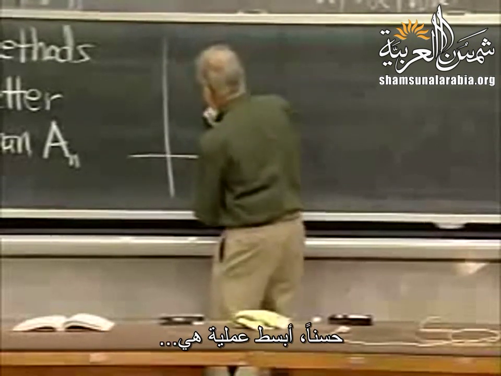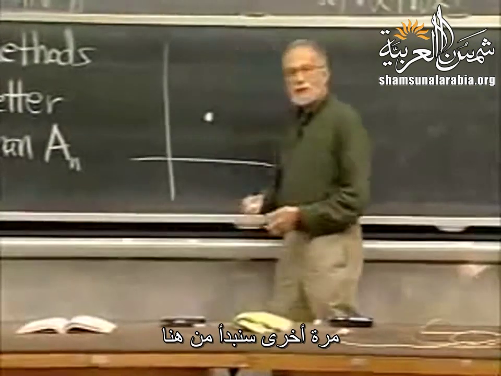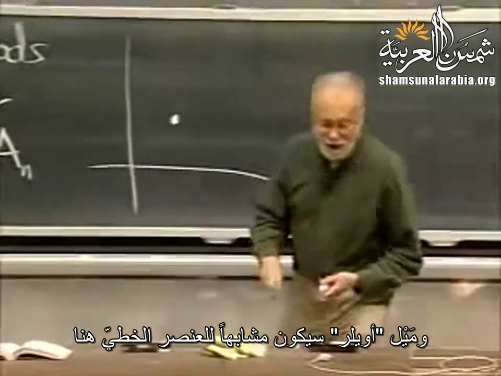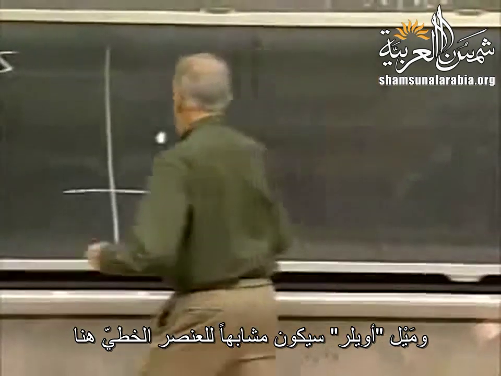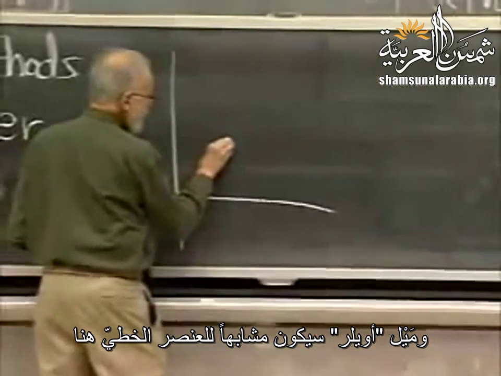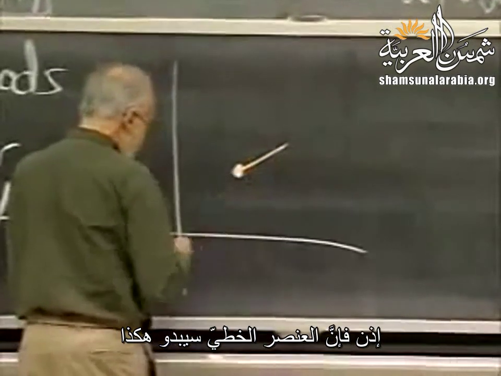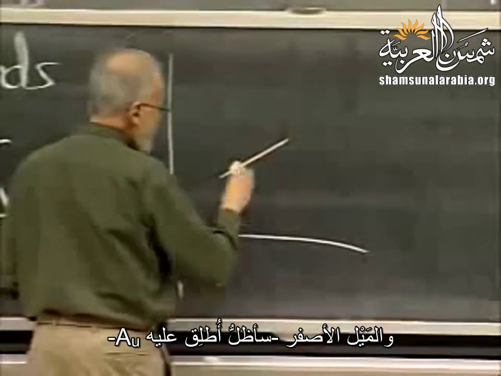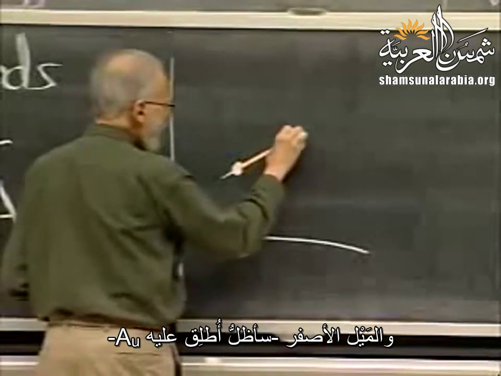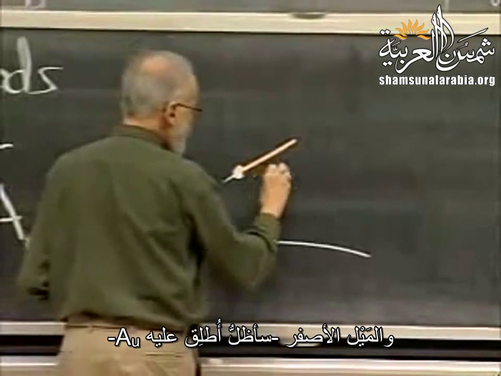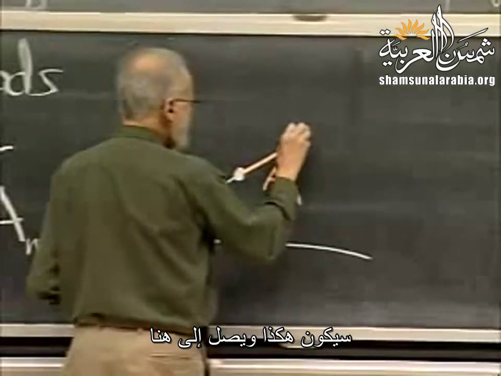Well, the simplest procedure is, once again, we're starting from there, and the Euler slope would be the same as the line element. So the line element looks like this, and our yellow slope, a_n, I'll still continue to call it a_n, goes like that and gets to here.